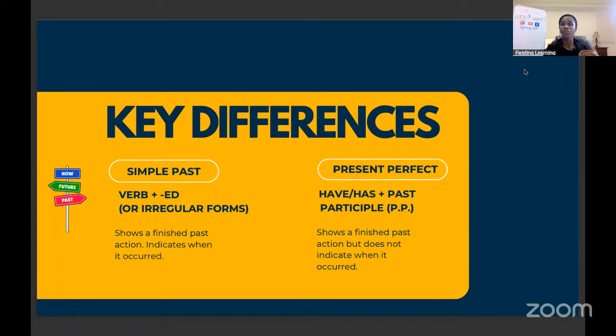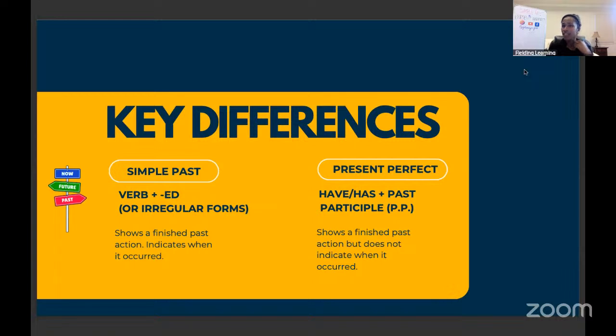So you're going to say visited. And the simple past will be used to show a finished past action. So it's going to indicate when it occurred, okay?